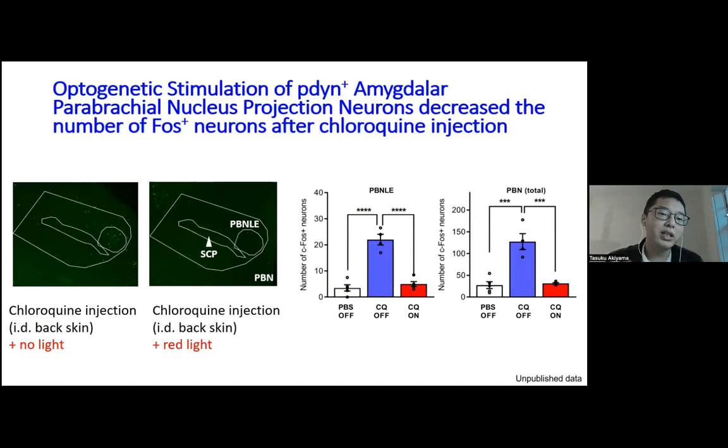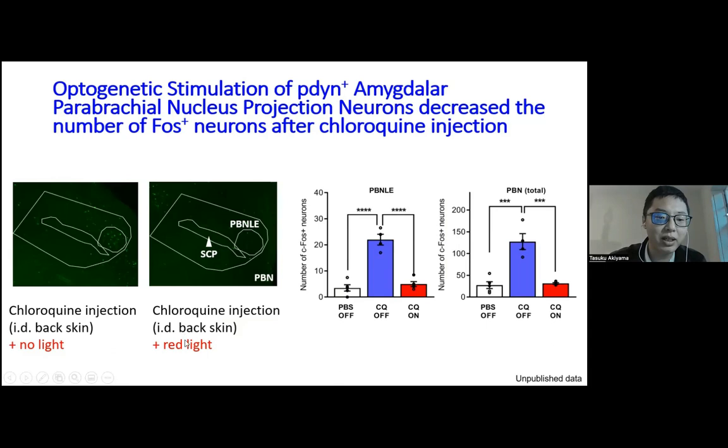And then to further confirm whether the PBN projection actually inhibits the itch response, we ran a cFos study. We injected chloroquine into the mouse back, and in that case we didn't deliver the light. So you see a lot of cFos positive neurons, like the green dots here.